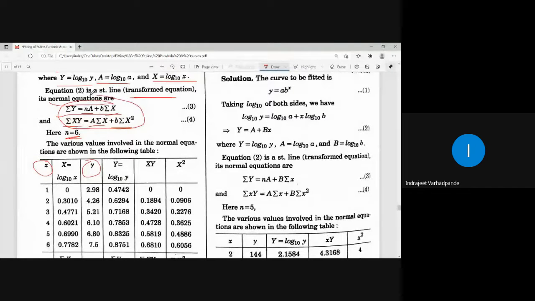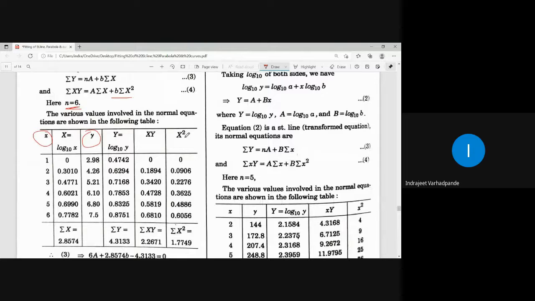My normal equation now contains transformed values: capital X square, capital XY. So how is capital X generated? Capital X is log of small x to the base 10. While writing, I am writing it as log to the base 10.